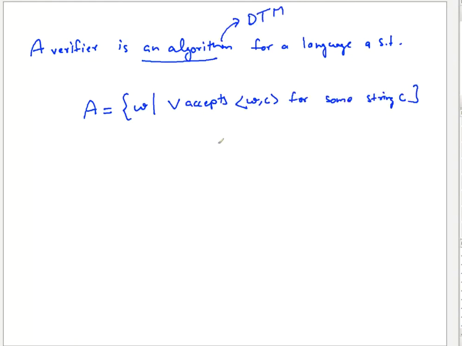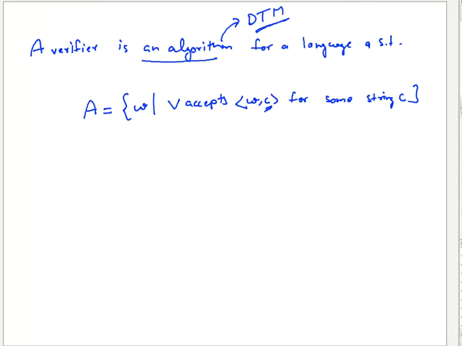So when you talk about a polynomial time verifier, it means the algorithm runs in polynomial amount of time. So it's a deterministic Turing machine that runs in polynomial time, and it accepts the certificate if you give a certificate. So this C is a certificate. In the case of the Hamiltonian path, C was the path itself.